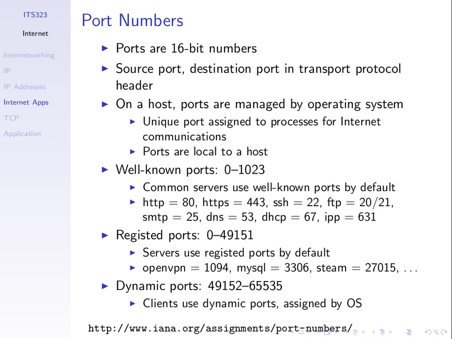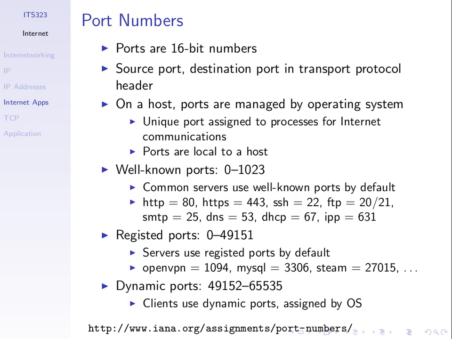Port numbers. Port numbers are 16-bit values, ranging from 0 up to 65,000 approximately. There are some port numbers which are mainly used by servers, called well-known ports. Some ones you may have seen: port 80 for HTTP, HTTPS 443, Secure Shell 22 and others.